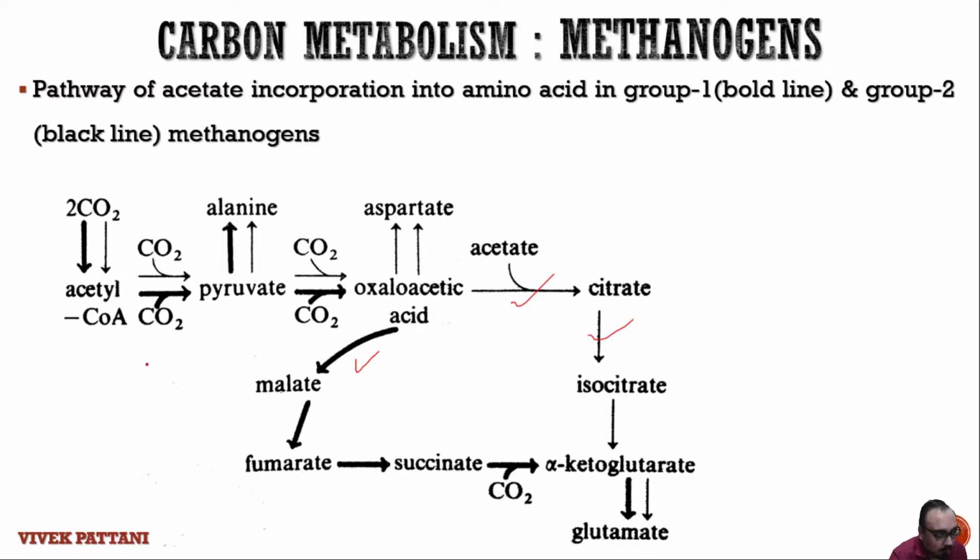There are chances of how biosynthesis or carbon metabolism is present in these scenarios, where acetyl-CoA, for example, will be converted into pyruvate, oxaloacetate, malate, fumarate, succinate, alpha-ketoglutarate, etc., and finally forming glutamate. Another route is acetate, citrate, isocitrate, and glutarate, and finally glutamate.